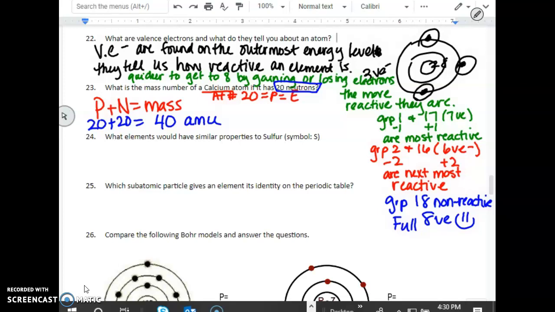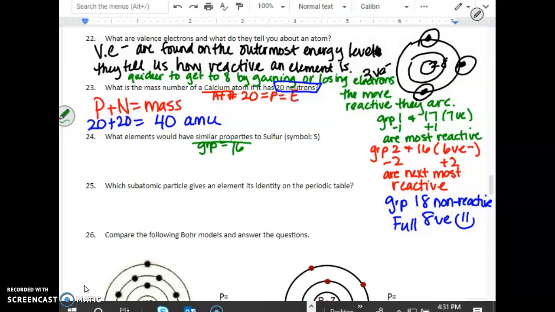Number 24. What elements would have similar properties to sulfur? Well, if I look on the periodic table, if I see similar properties, then I know that I'm going to need to be in the same group. So if I look for sulfur, sulfur is group number 16.